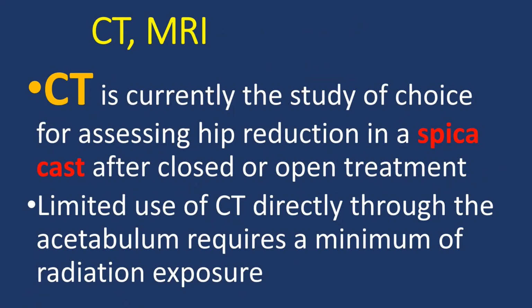You cannot see clearly between the head and the acetabulum while the patient is in a hip spica. So we use CT. It tells us with the reconstruction whether that hip is well reduced or not. But we don't like it very much because of the radiation exposure.